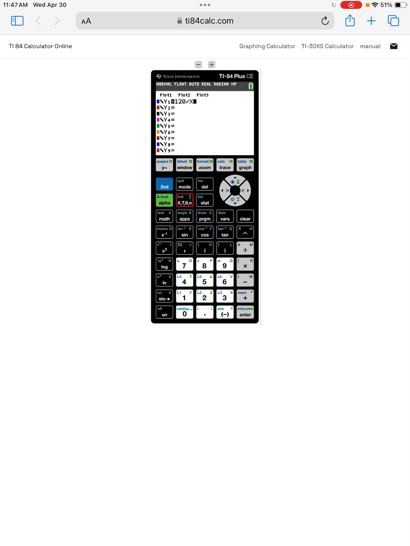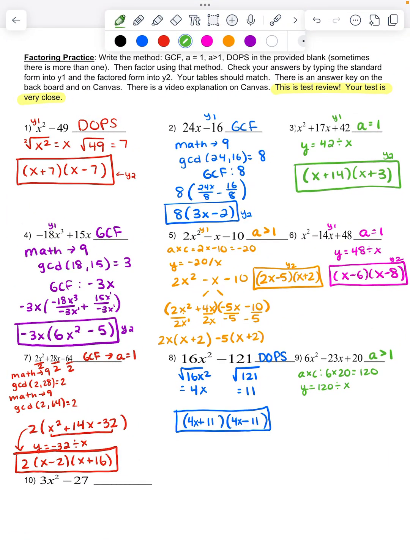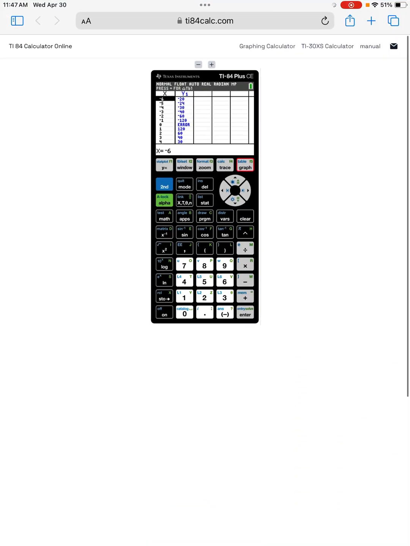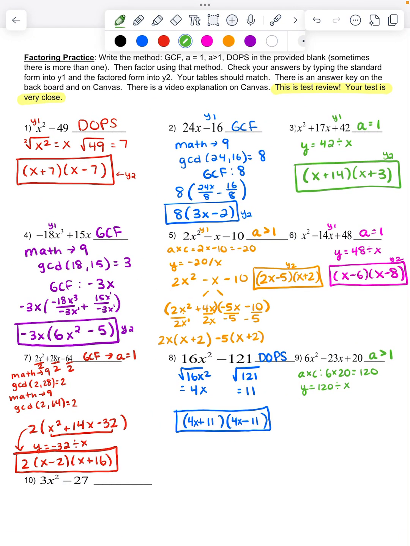So 120 divided by x, and that was positive, right? Yes, and I'm looking for things that add to negative 23. I think negative 18 and negative 15 add to negative 23. Sorry, negative 8 and negative 15.